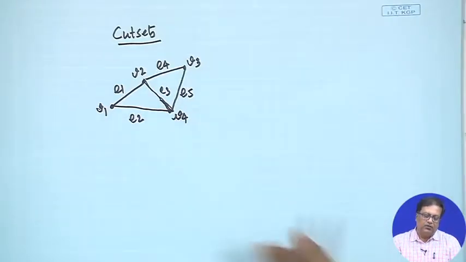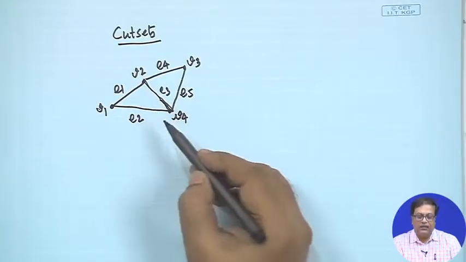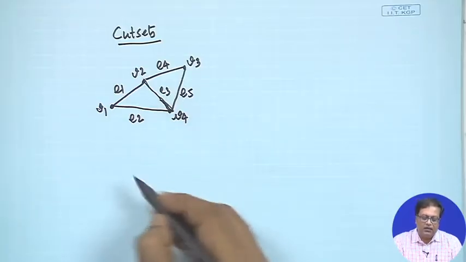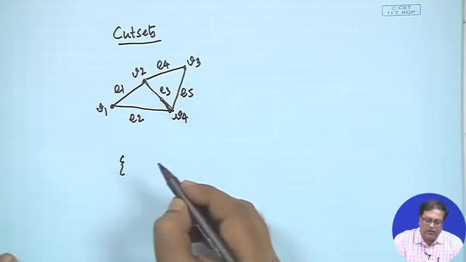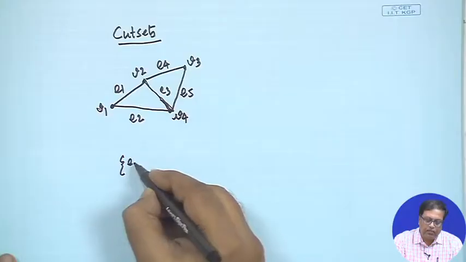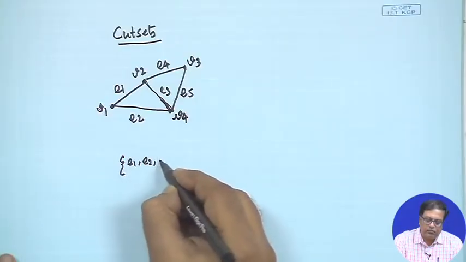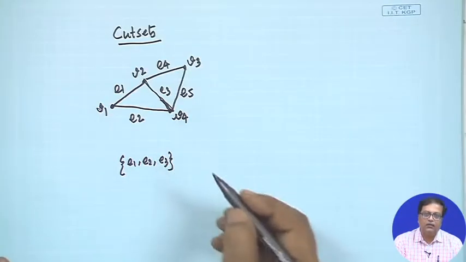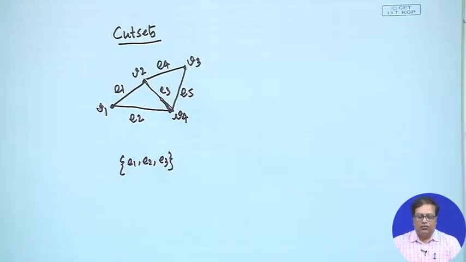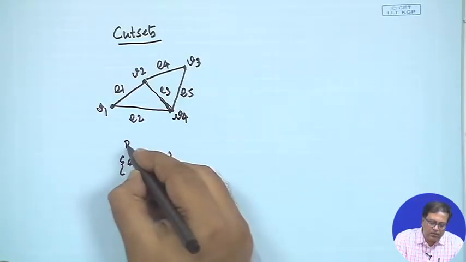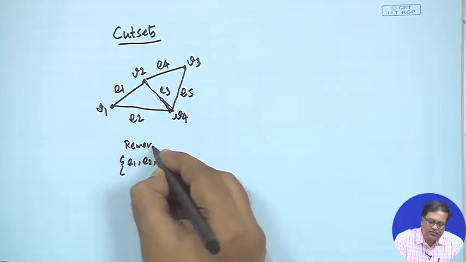Now, if you remove from this graph E1, E2 and E3, a set of edges, remove these 3 edges.